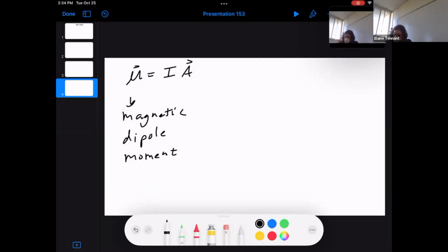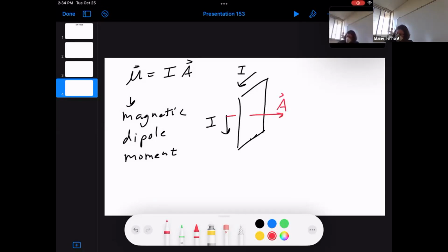And so if you were going to look at, say, this loop of wire here, let me draw it sideways because that'll be easier for me. So if I had a loop of wire like this where my current is going around like that, my magnetic moment and also area vector would be coming out like that. Make sense?